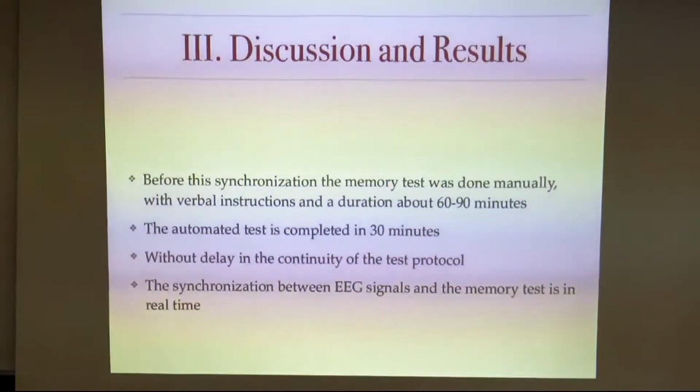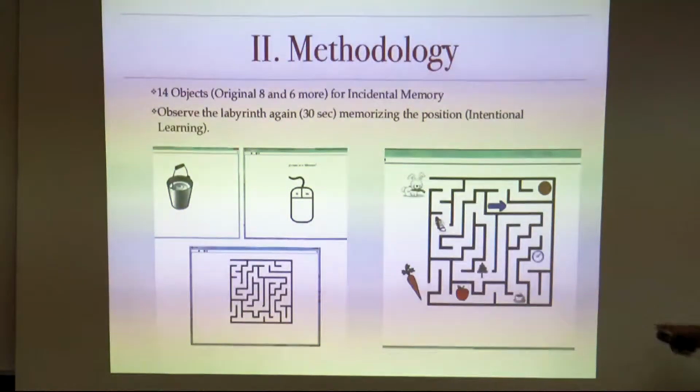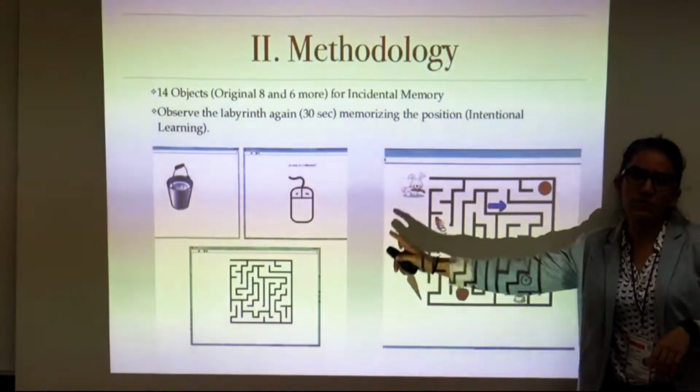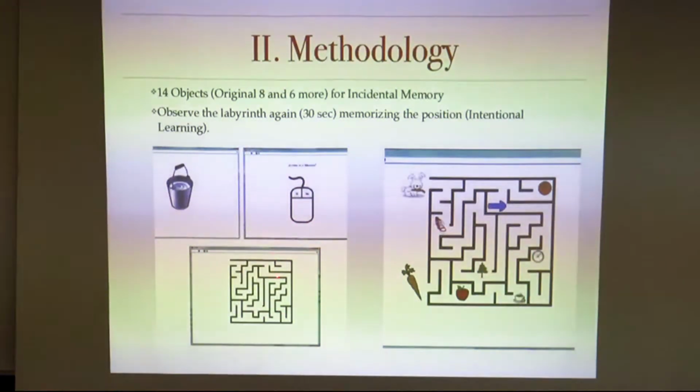Okay, and after this task, the subject is requested to repeat the same task as before, but now with 20 objects. We had 14 objects, but now we add another 6 more to intentionally force the codification in the brain and search which circuits are involved in that process.